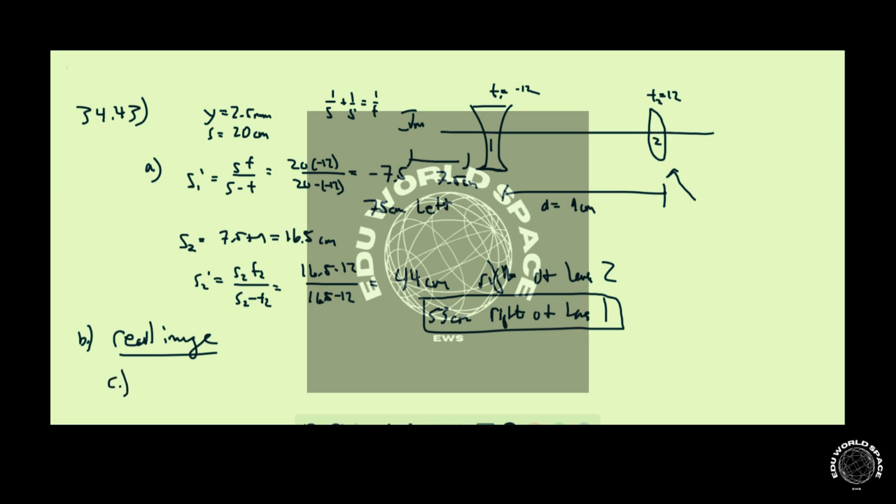Okay, so part C, last part. What is the height of the final image? Is it erect or inverted? First let's do the multi-step process again.